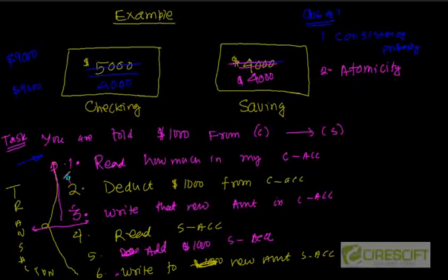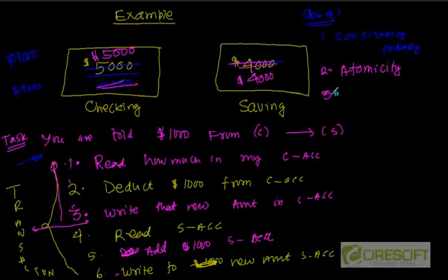In this case I have done steps 1 2 3, so I'm going to reverse, add back what I subtracted, and write that value back. That property is called atomicity, and the transaction has that property.